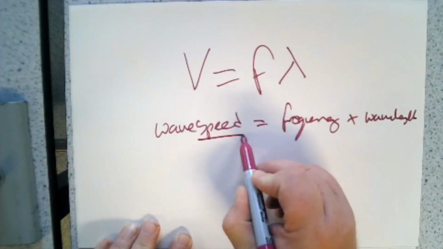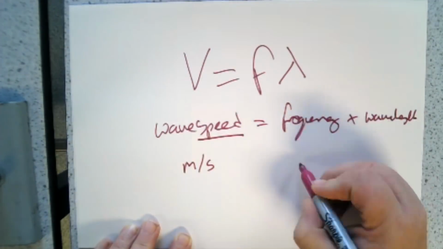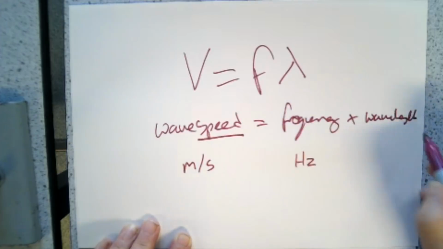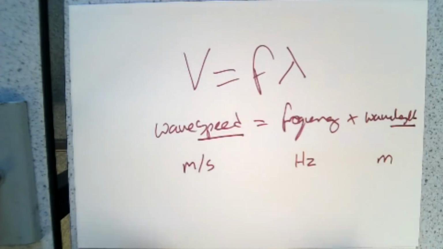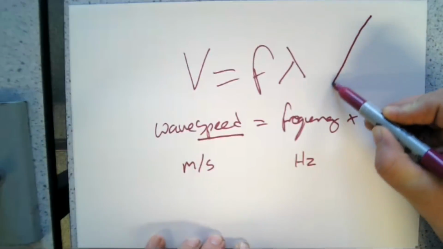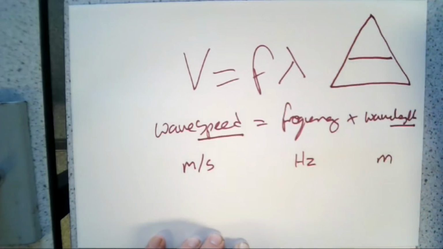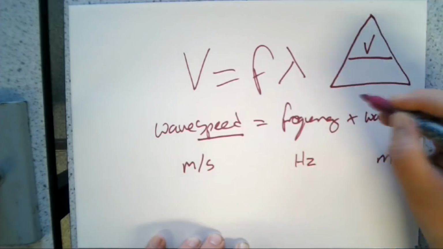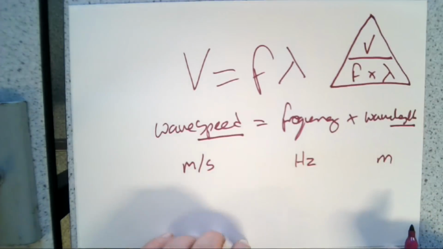Think about the units: speed is meters per second, frequency is hertz, and wavelength is meters. This is the equation that you're going to have to use within this topic. If we use the magic triangle, we have the V at the top, and F multiplied by lambda, wavelength, there.